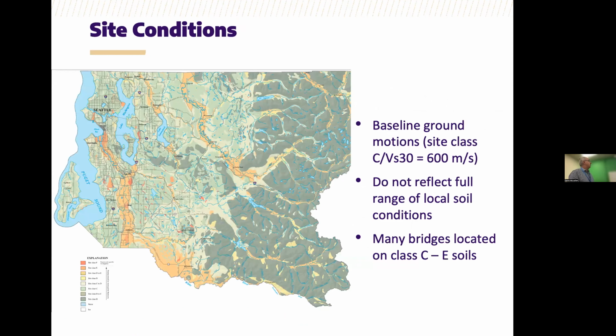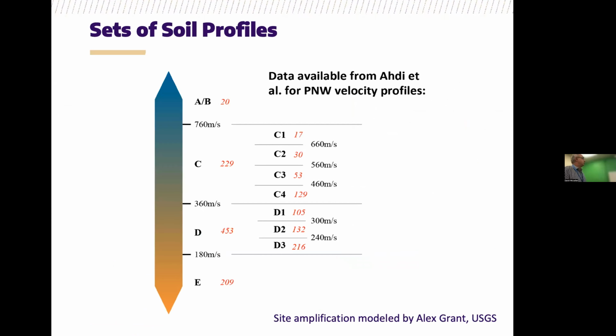We have in some places very detailed site conditions, maps like this, but also arrays of borings. As you imagine, if you're in the city, they're everywhere. The further you get away from the city, the harder you have getting actual borings or site conditions. We developed bins of ground motions based on work by Audi et al.